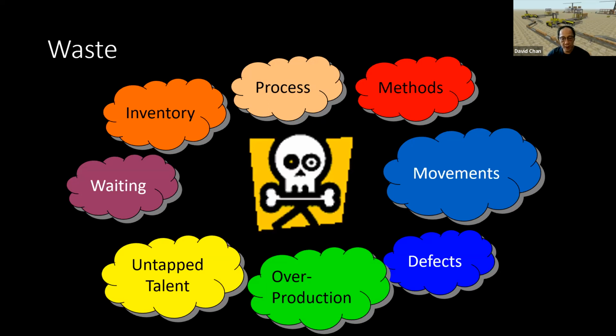As for inventory, if you have built up inventory but it is not being consumed, or maybe it is waiting to be consumed even next month, you take up space, storage, and resources to take care of the inventory. This becomes a form of waste. So these are examples of waste that we normally have in our operation.